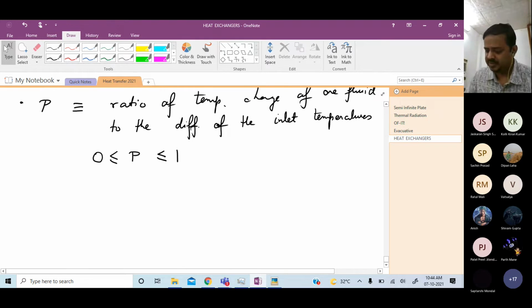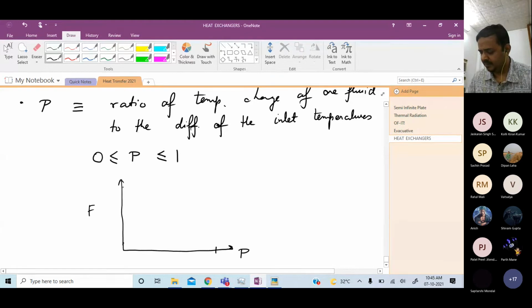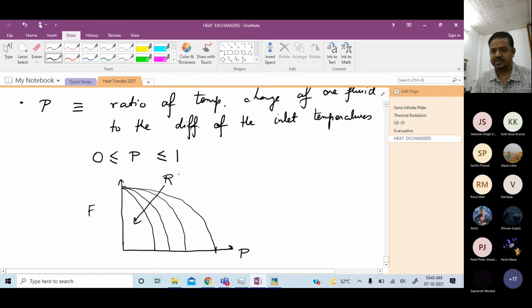So what we saw is our P charts, or F charts, sorry, look like this. You have F, you have P, and then you have these curves like this, right? This is how R changes.